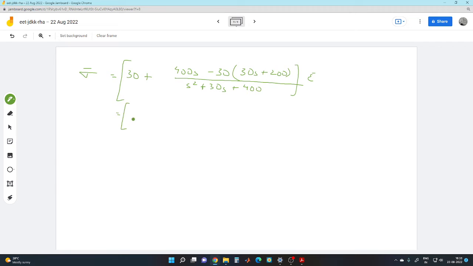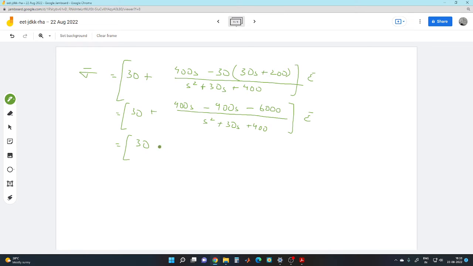So this can be written as 30 plus 400s minus 900s minus 6000 upon s square plus 30s plus 400 epsilon bar.